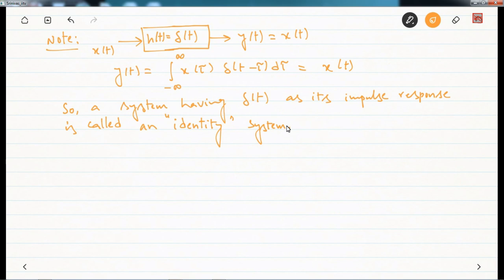The system does nothing. It is just an identity system, right? Okay. So let's do one example of an inverse system. If we are given h of t of an LTI system, how do we find its inverse system? Simply find an impulse response hi of t such that h of t convolved with hi of t is equal to delta of t.